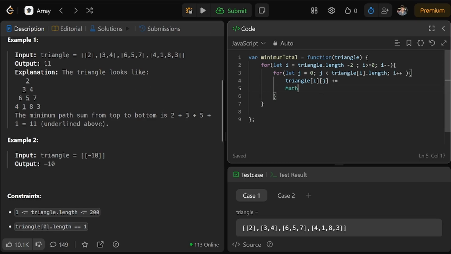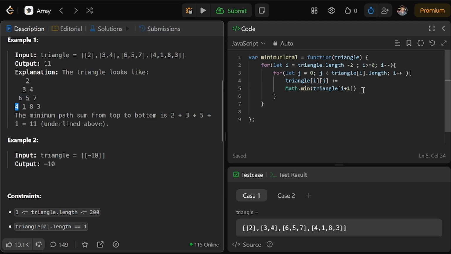So Math.min, it's either going to be triangle, gotta spell triangle right, triangle i plus 1, so it's relative, right? i is currently at the second to last, and we want to make sure we're at this row.